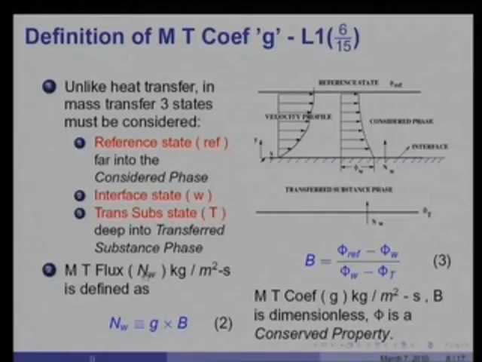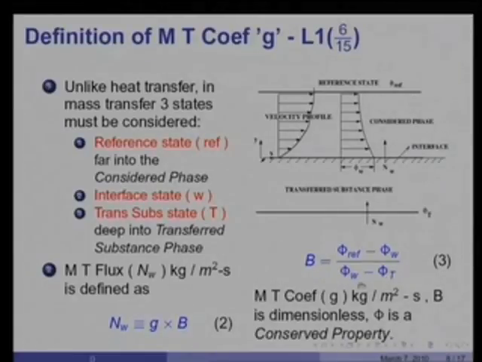The mass transfer flux, and here I use the symbol N suffix W, is again a mass transfer rate m dot per unit area, and therefore has units of kilograms per meter square second, and it will be defined as NW equal to G multiplied by B, where B is a ratio, it's a dimensionless quantity comprising any quantity phi at the reference state minus phi at the interface state divided by the phi at the interface state minus phi in the transferred substance phase.